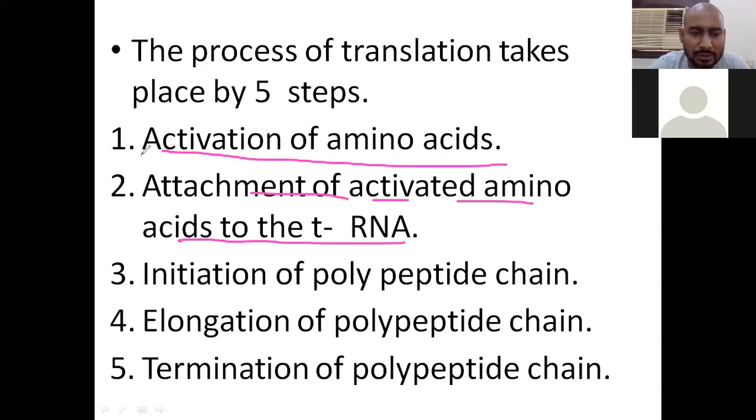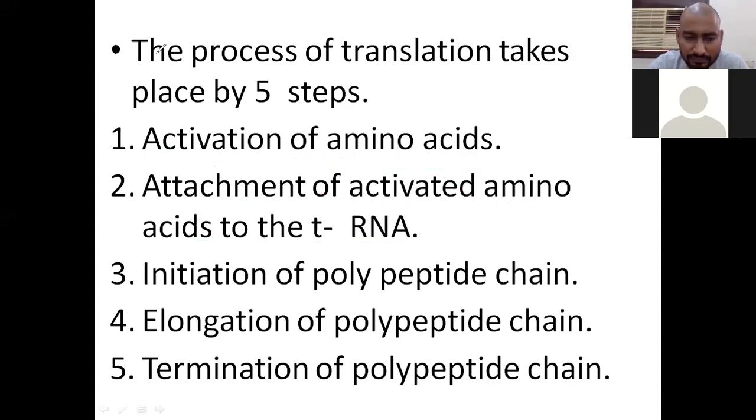Sometimes in different books these 2 steps are included in the initiation, that is, activation and attachment come within the initiation. But here they have given them separately, so we will see them separately.